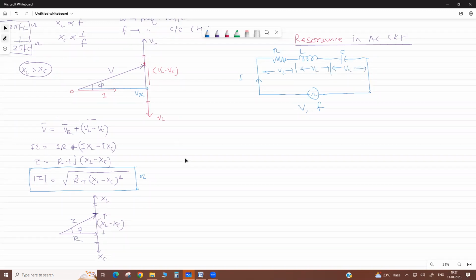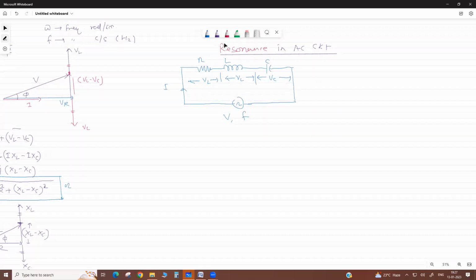So see, resonance is nothing but a condition in an AC circuit when the net reactance of the circuit becomes 0, or inductive reactance equals capacitive reactance.